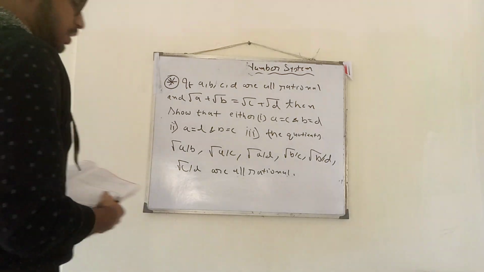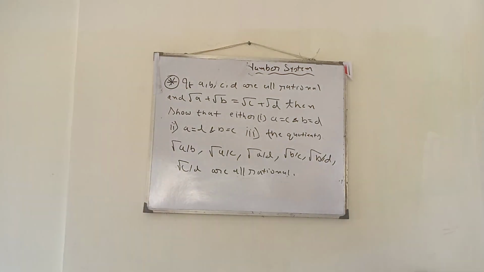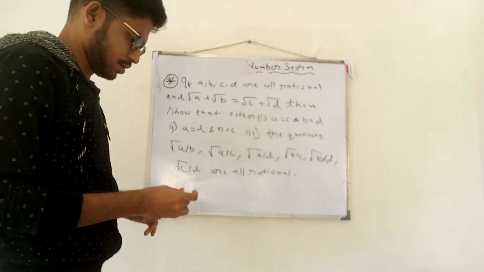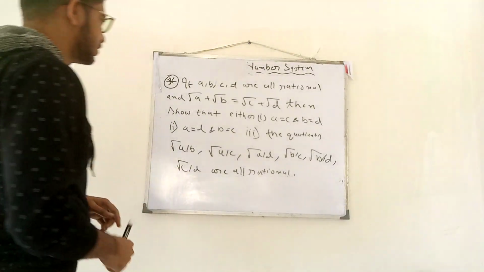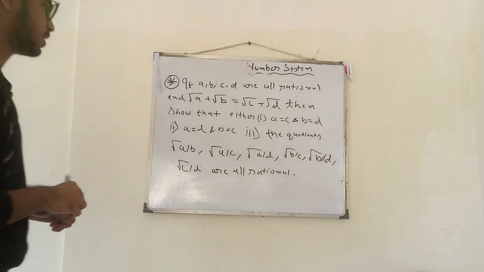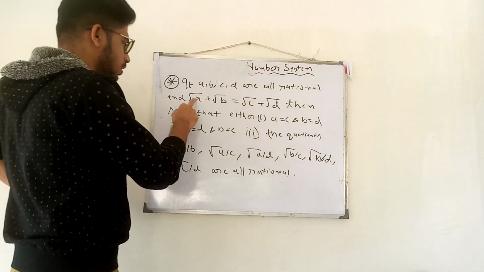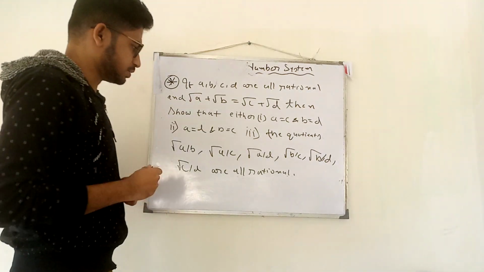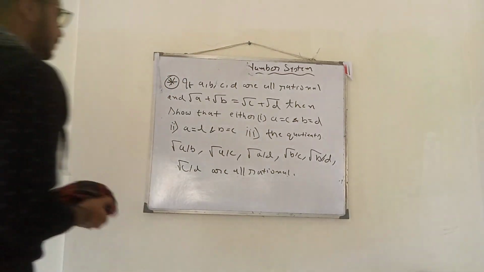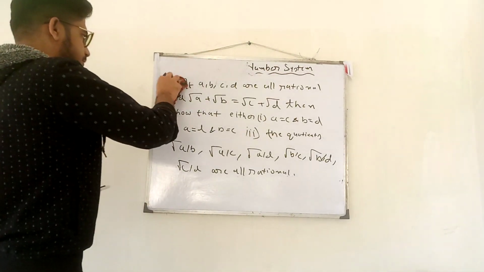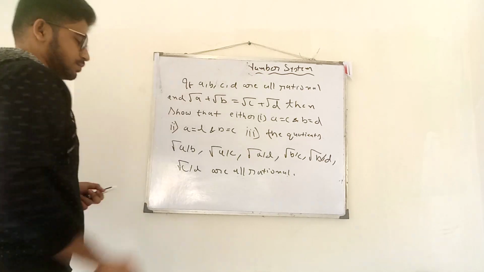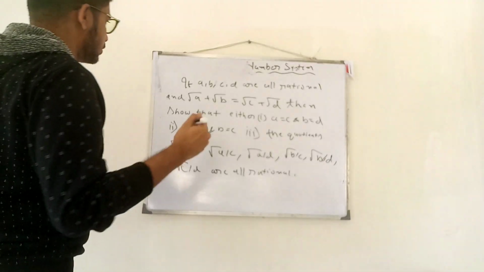Now here we have to understand the concept, so that if A, B, C, D are all rational and root A. This is the question we have to solve.